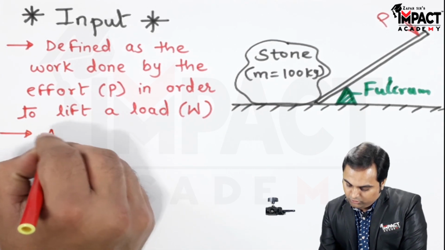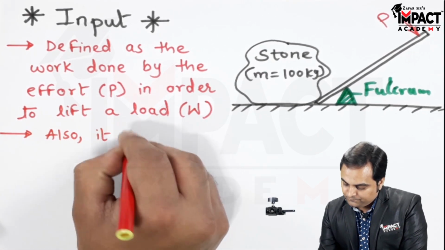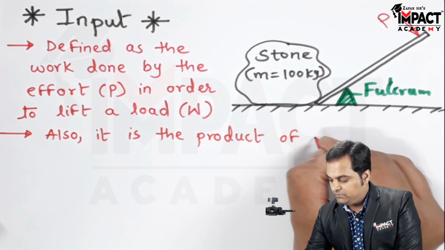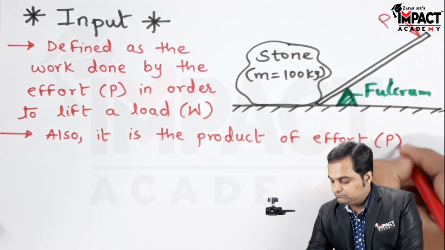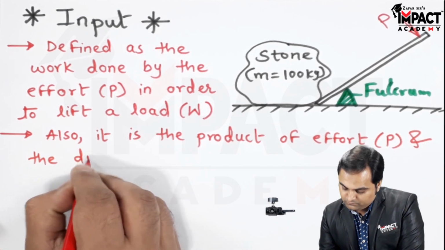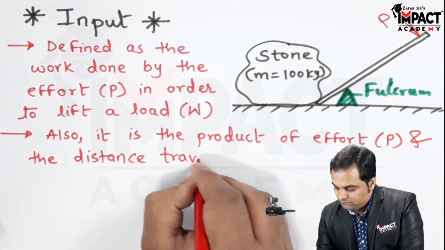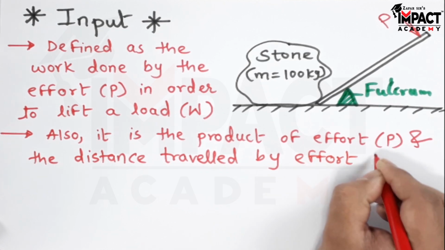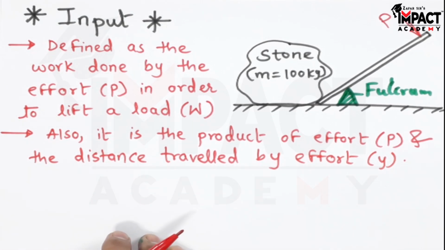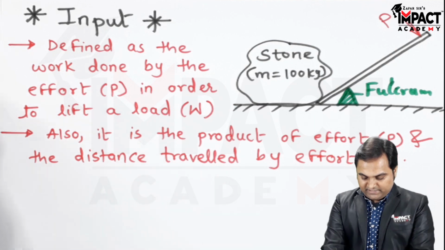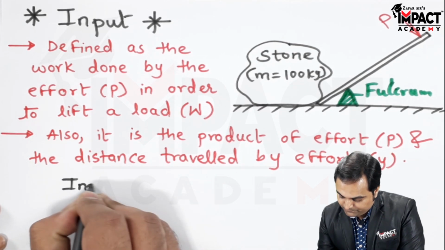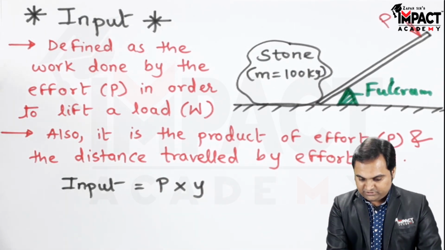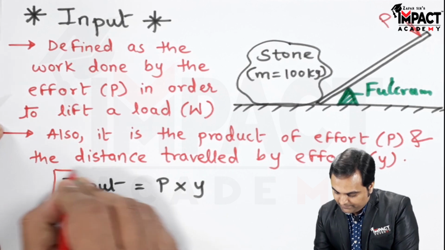Then also it is the product of effort and the distance traveled by effort, which is denoted as y. So in short, we can say that input is the product of effort and the distance traveled by the effort, which is y. So it is P into y.